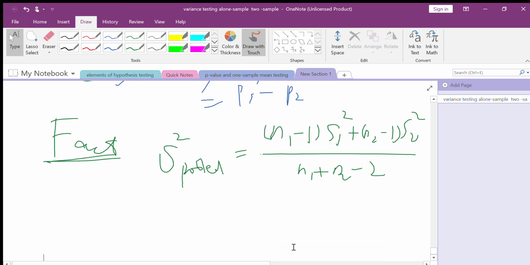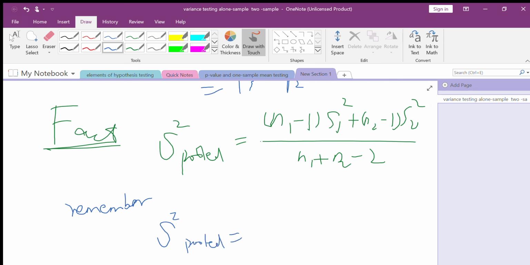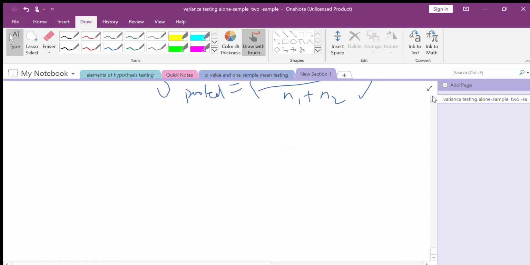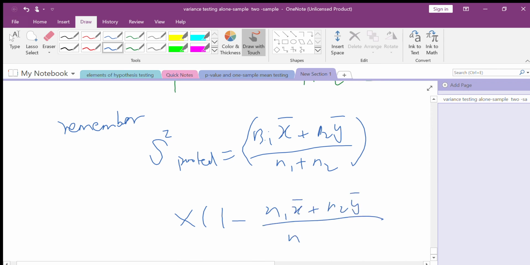In this case, just remember that S pooled squared is n1 x bar plus n2 y bar divided by n1 plus n2, times 1 minus this ratio, n1 x bar plus n2 y bar divided by n1 plus n2.